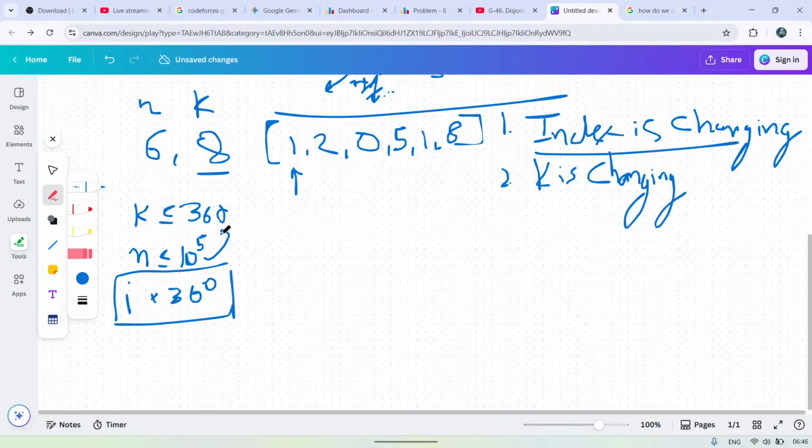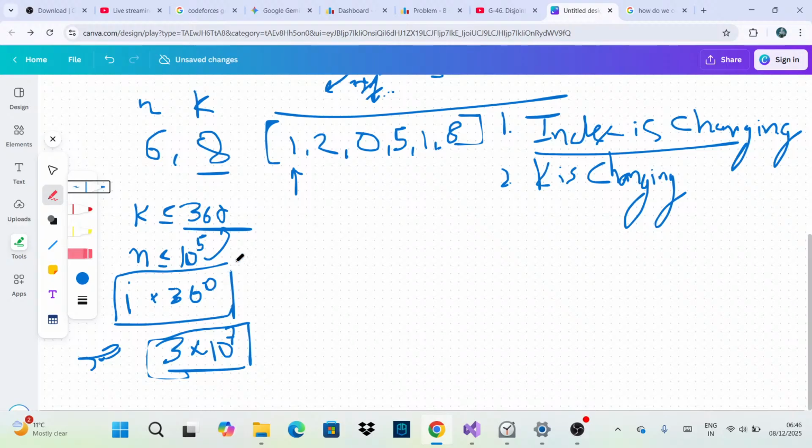This will result in around 3 into 10 raised to the power 7, and it will not give us TLE. It can be done in this form. Okay, that makes sense.